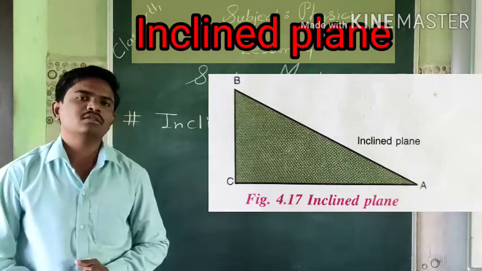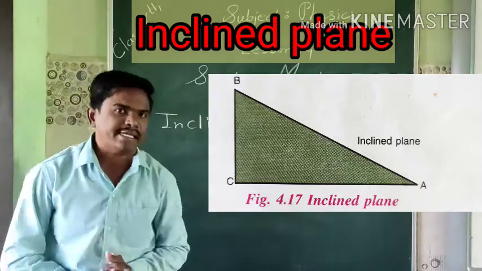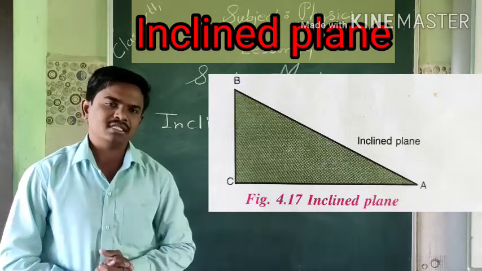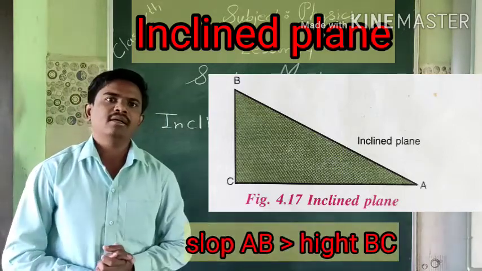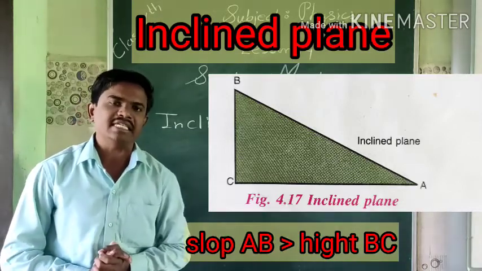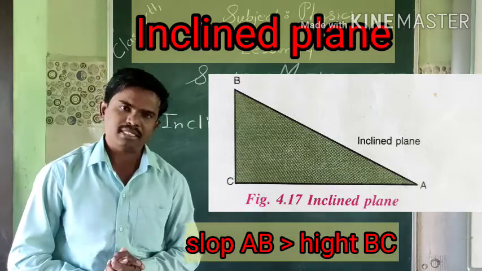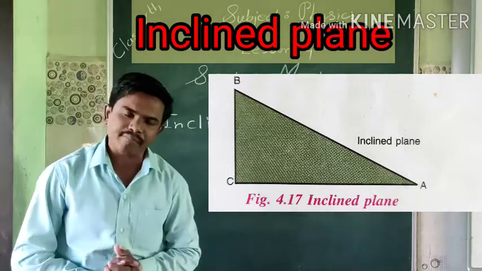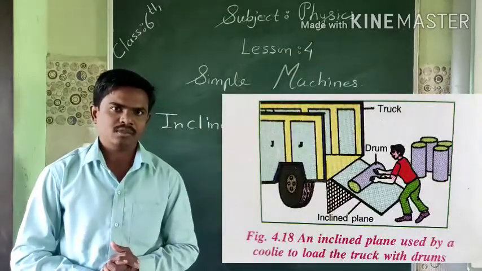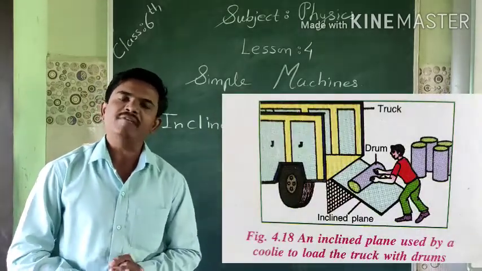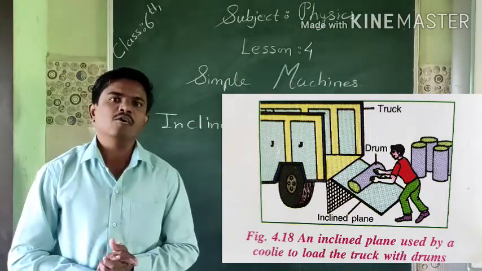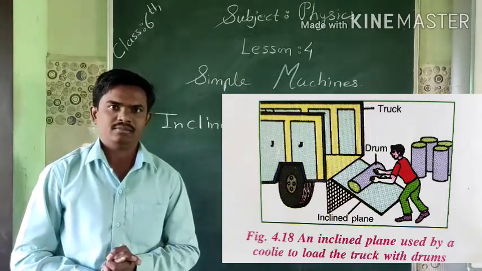And students, for greater mechanical advantage, the slope distance AB must always be greater than the vertical distance BC in an inclined plane. For example, a person loading a heavy drum onto a truck uses a wooden plank.